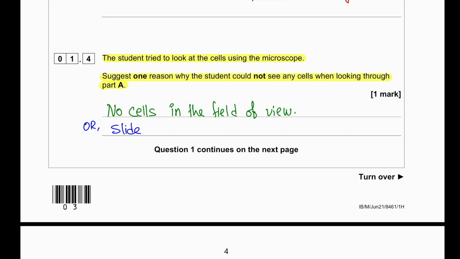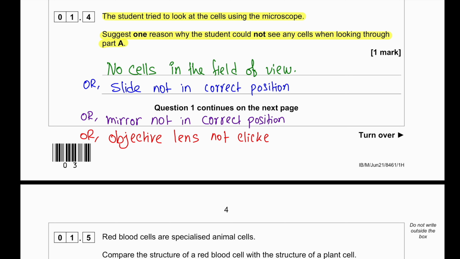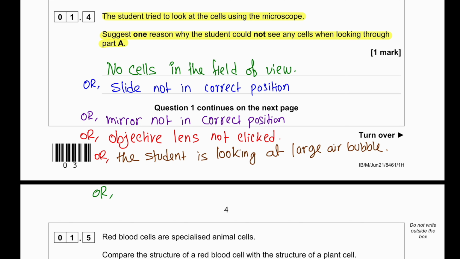The other points are the slide is not in the correct position, or the mirror is not in the correct position, or the objective lens did not click into its place, or the student is looking at a large air bubble, or the microscope is not focused. You can choose any one of these points from the answers that I am providing. However, my personal best from here is that either you can say no cells in the field of view, or the objective lens not clicked into place.